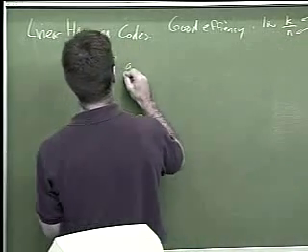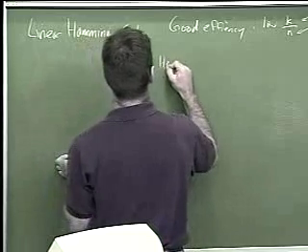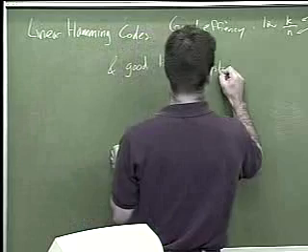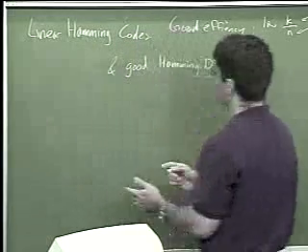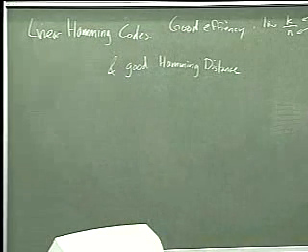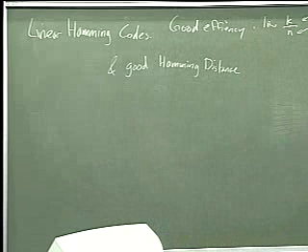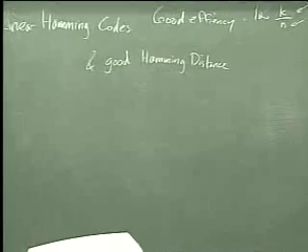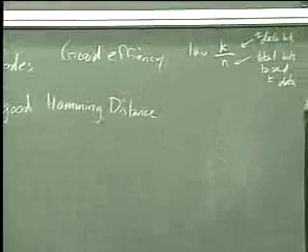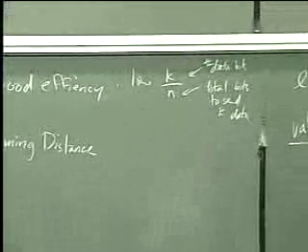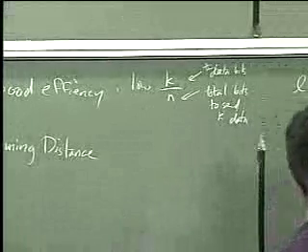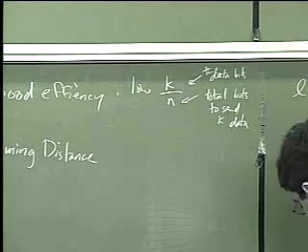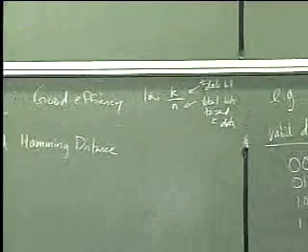And also good Hamming distance. You could have k be 5 and n be 20, and if you don't have a really good Hamming distance, what's the point? There are certain codes you're going to try to send where just a few bits get flipped and you can't correct it or can't detect it.